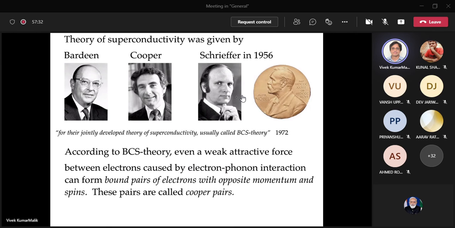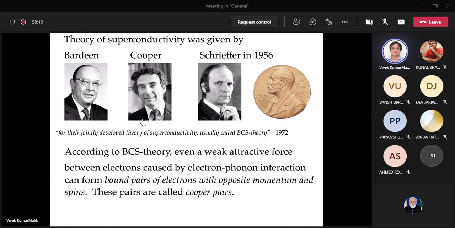Vibrations are related to waves, and the way we can quantize electromagnetic waves into photons, bundles of energy, the same way these vibrations of the atoms inside solids can be quantized in terms of something called phonons. Through this electron-phonon interaction, they can form a bound pair of electrons. Two electrons can form a pair which are bound, with opposite momentum and spins. These pairs of electrons are called Cooper pairs.